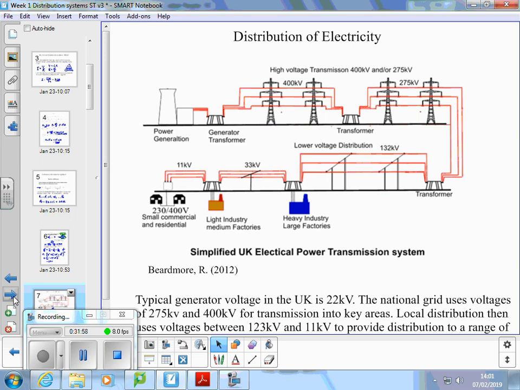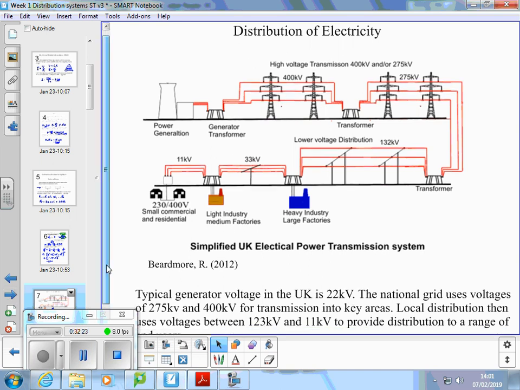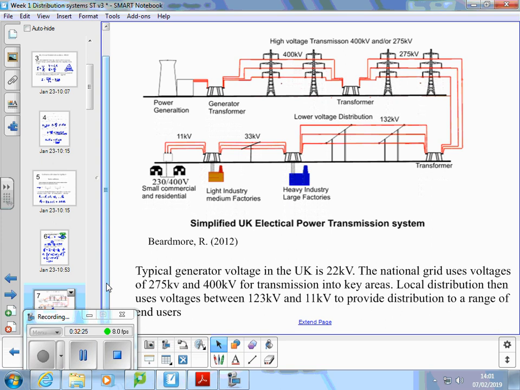But they're all connected together to a 400 kilovolt or a 275 kilovolt supergrid or national grid and linked together in a loop. Yeah, so we generate at around 22 kilovolts. I don't believe all stations do the same voltage, but they all feed onto the same grid.